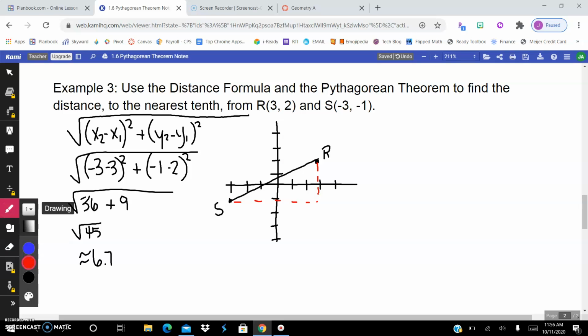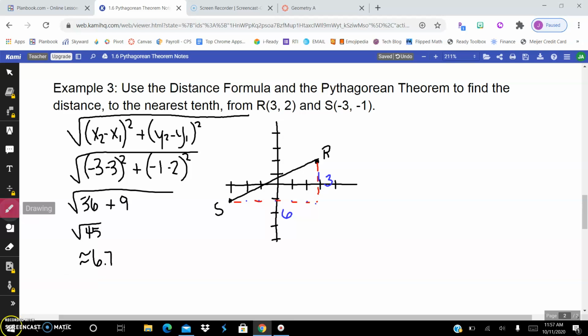Okay. So it looks like I was up 2 here at R, and I had to go down to negative 1. So that would be 1, 2, 3. And then at S, I have to go 1, 2, 3, 4, 5, 6. So S would be 6.